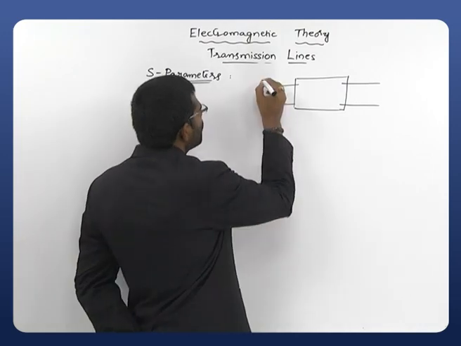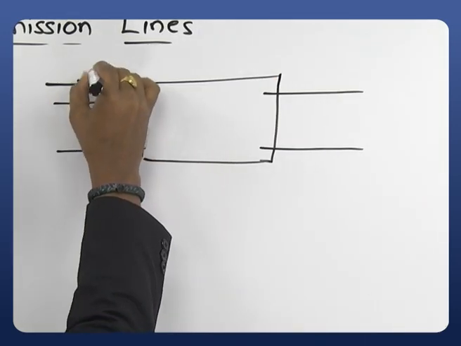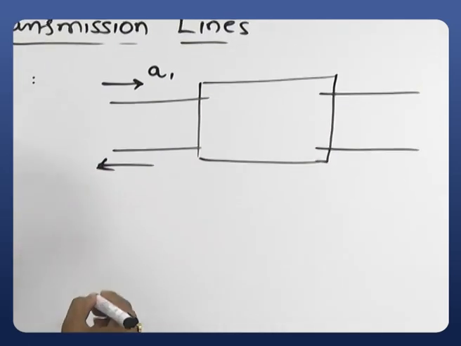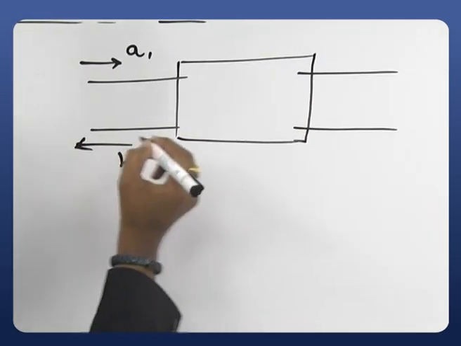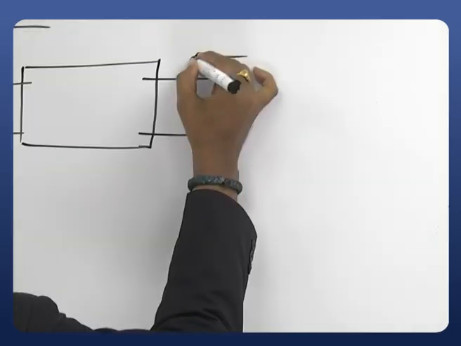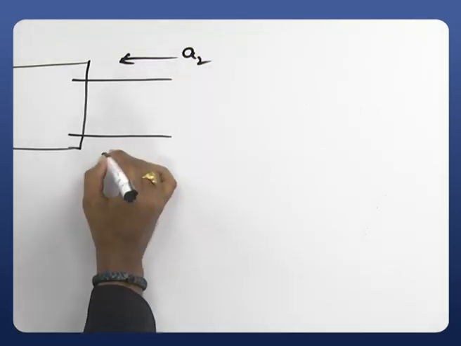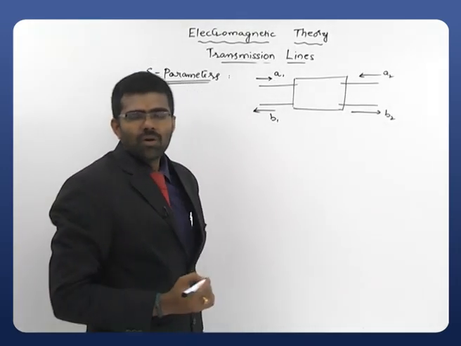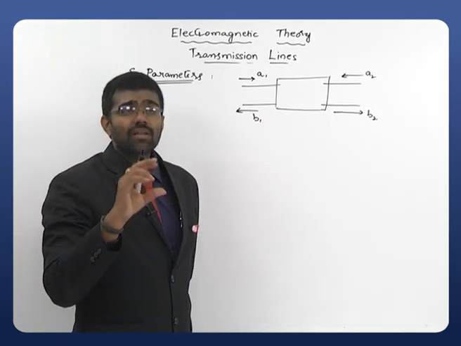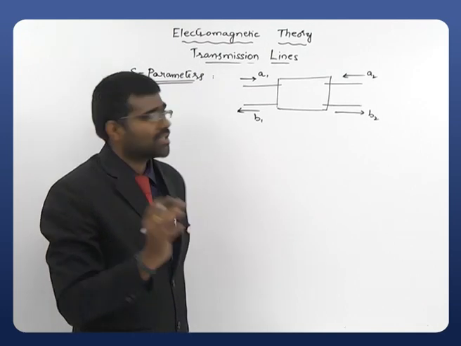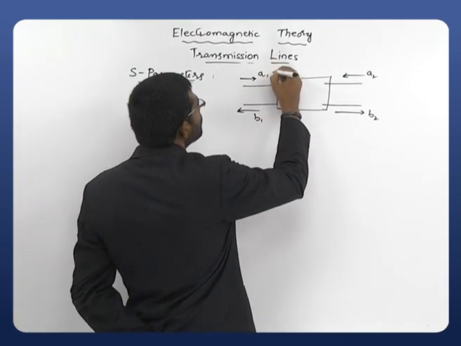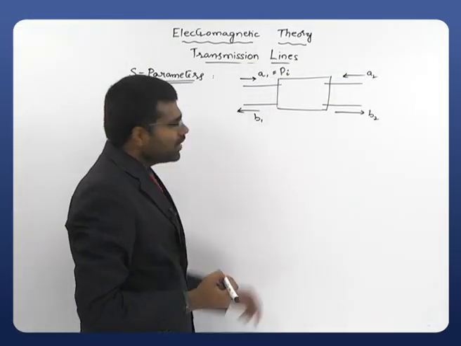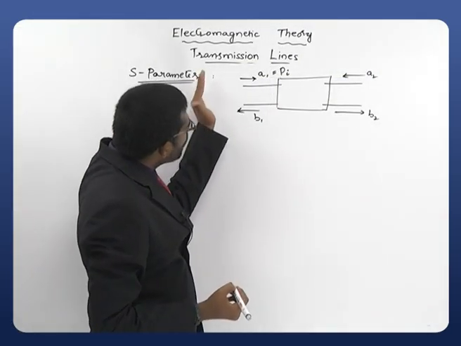As per our assumption, the input applied at port 1 is A1 and the reflected or scattered wave is B1, and the input applied at port 2 is A2 and the wave reflected from port 2 is B2. Now, for simplification, I will give another notation: this is also called the input power Pi, since at port 1 we are applying the input.